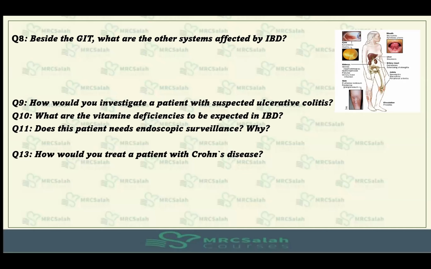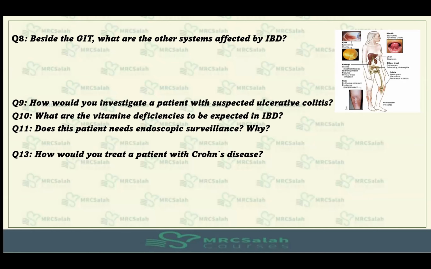Then medical treatment after discussing with a gastroenterologist: maybe steroids, antibiotics if there is infection, immunomodulators if not responding or in refractory cases, salicylic acid and 5-amino salicylic acid, or mesalazine.